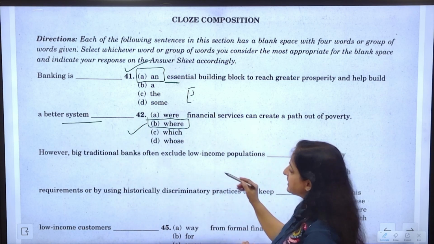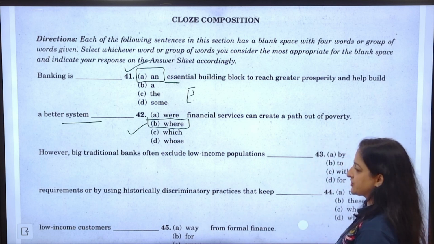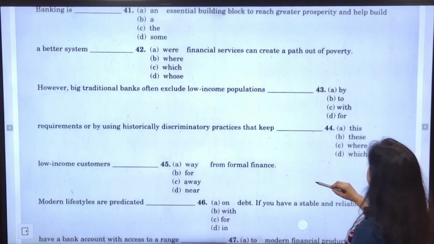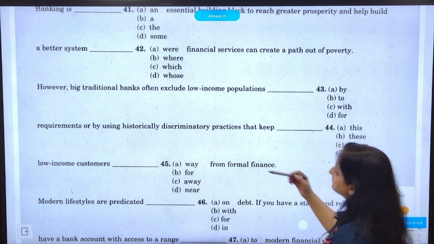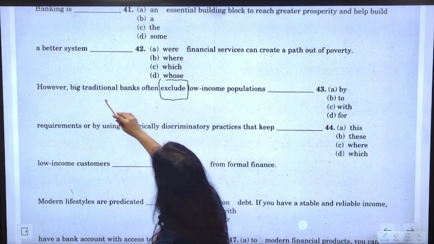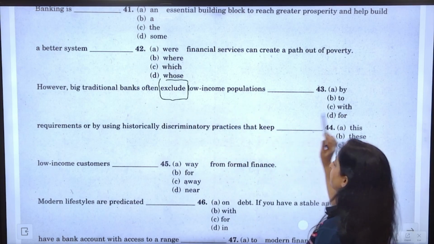However, big traditional banks often exclude low-income populations. The word over here is exclude. However, big traditional banks often exclude low-income populations.